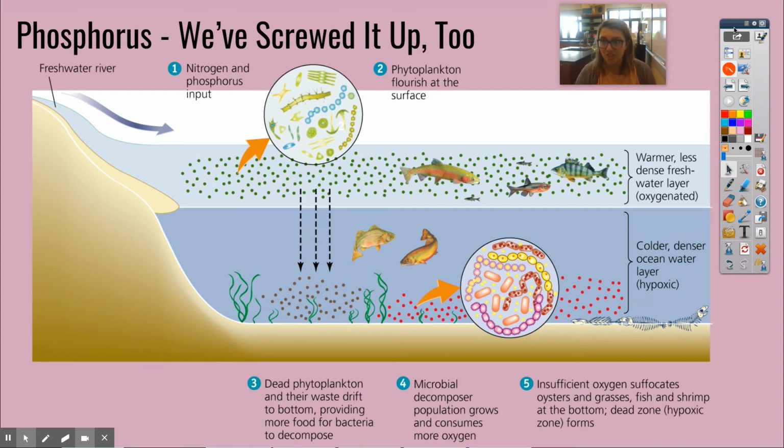Eutrophication depletes oxygen and suffocates fish, oysters, any living thing, even plants. It's called a hypoxic zone, where if anything goes in, within a couple minutes it'll suffocate and die. Pretty crazy. So eutrophication, no good, and it's caused by phosphorus and nitrogen found in fertilizers.